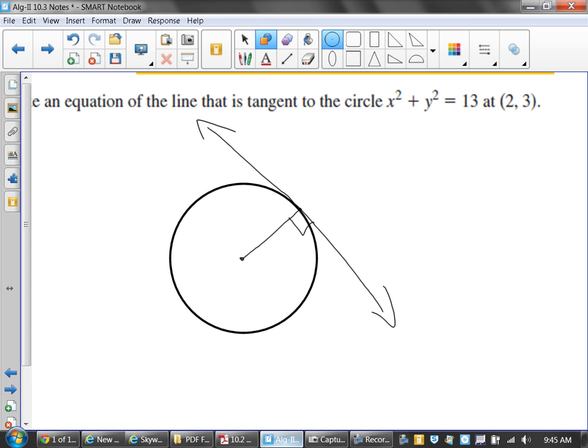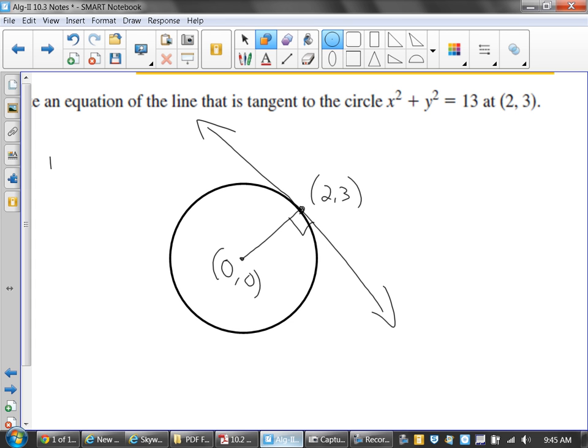So I'm starting at the origin. This point is at (2, 3). What's the slope of the radius?